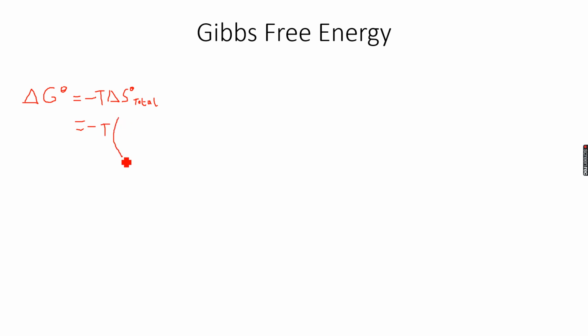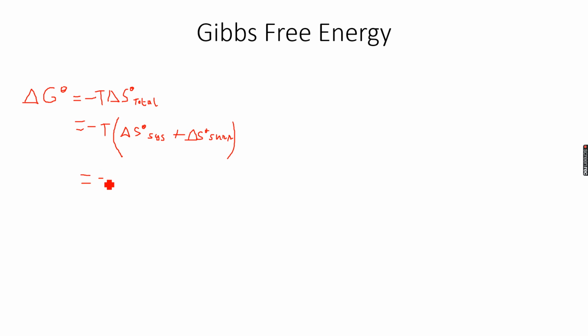By expanding, I mean we write delta S naught total as a sum of delta S naught system plus delta S naught surroundings.